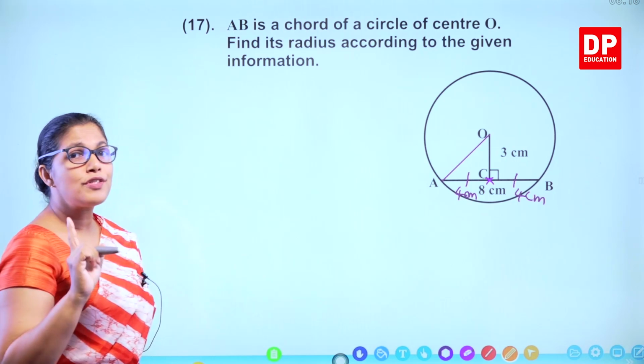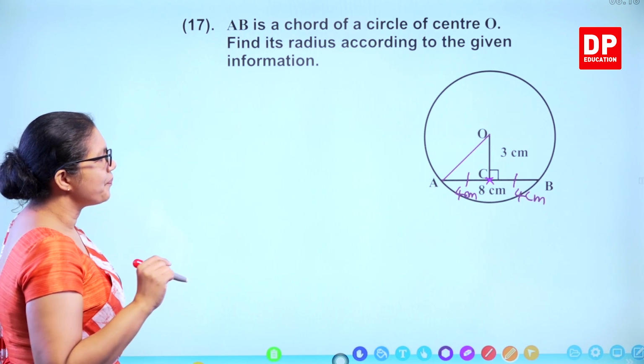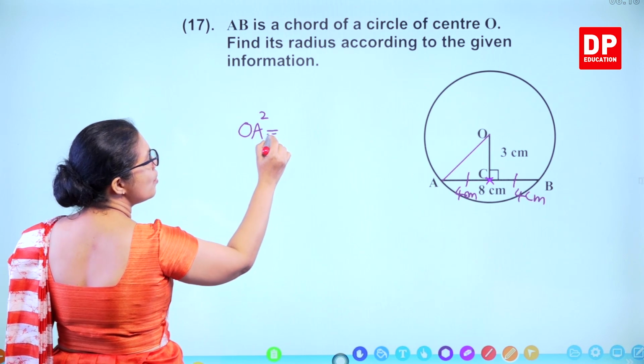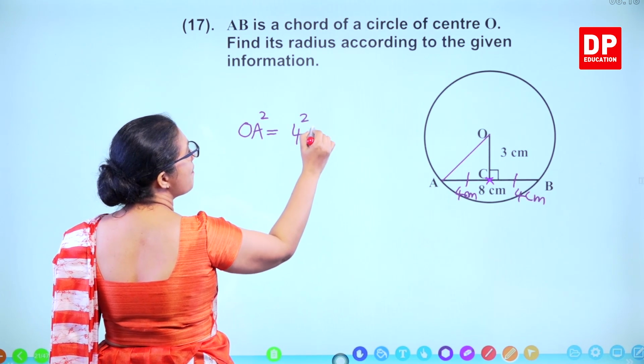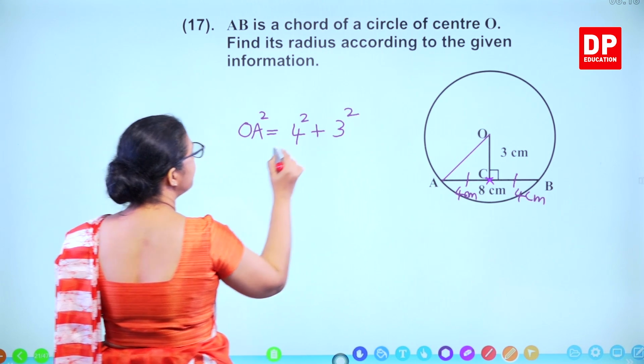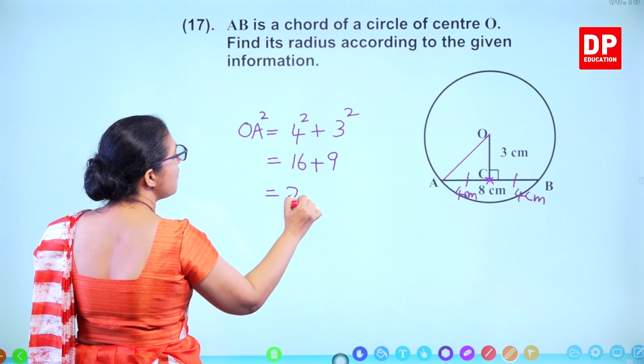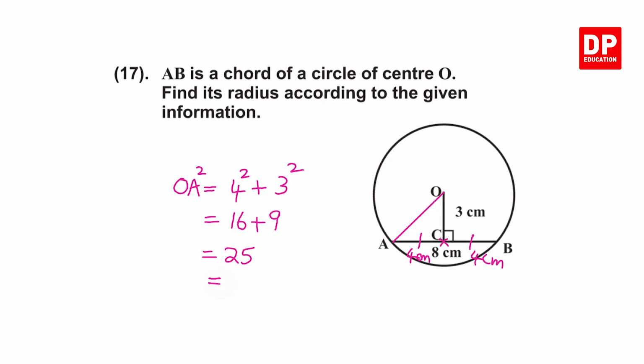Now you can use Pythagoras theorem. So we can use OA squared is equal to 4 squared plus 3 squared. 16 plus 9, 25. This means 5 squared. OA squared is 5 squared.